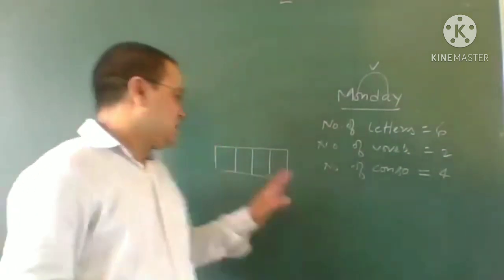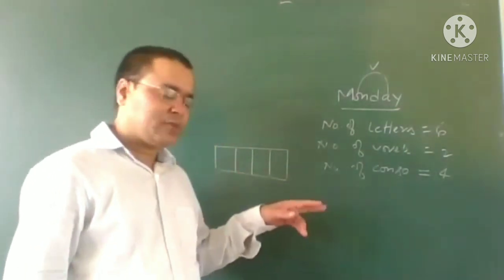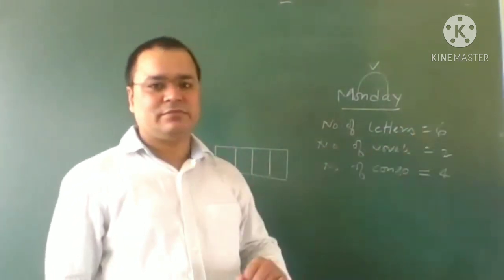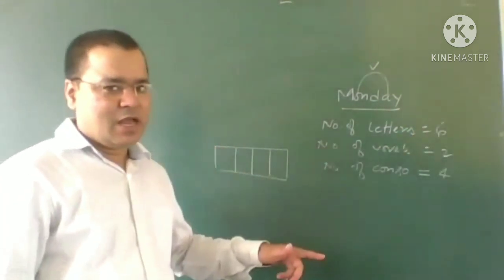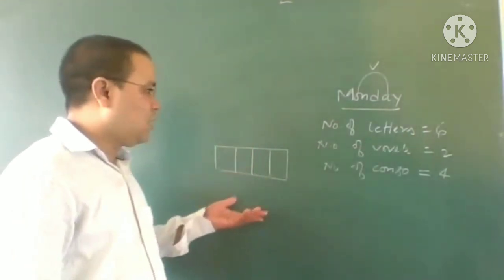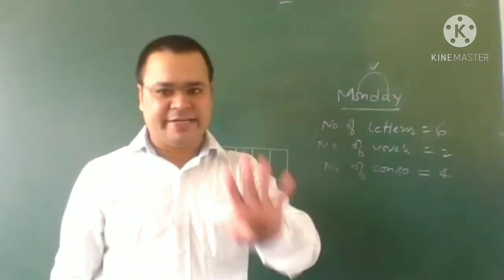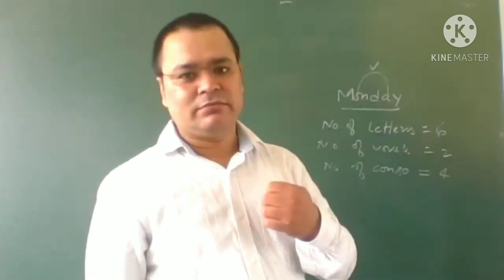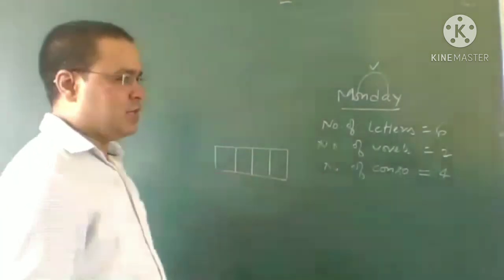Simply I am telling you, there are just 4 places and I want to fill them with the help of these 6 letters. The question is like that. We want to make a word using 4 letters, and 6 letters are given.